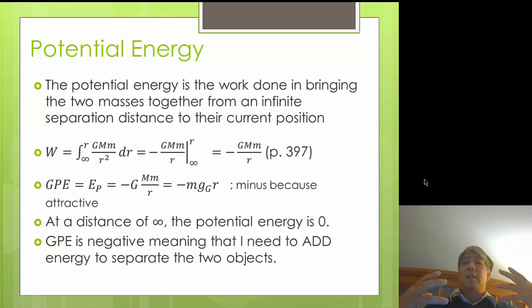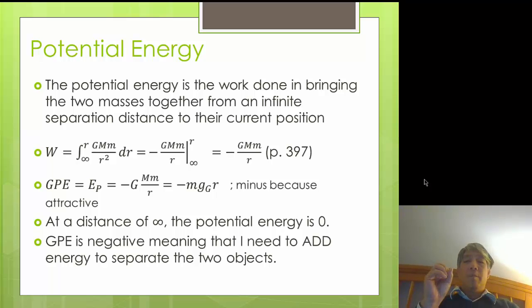And that makes sense, because when the two objects are so far apart that I can say the distance is infinity, they don't even know each other exists. There's not even a measurable force between those two objects, so they're basically separated from each other. And therefore my potential energy is zero.